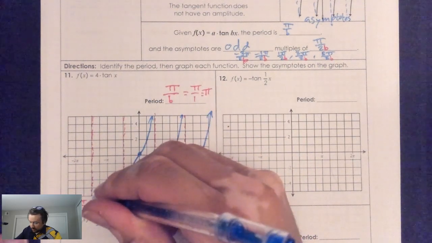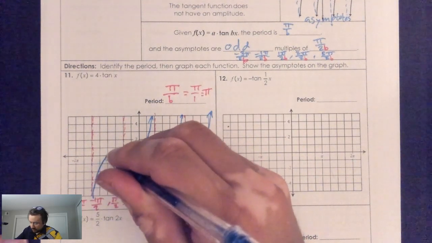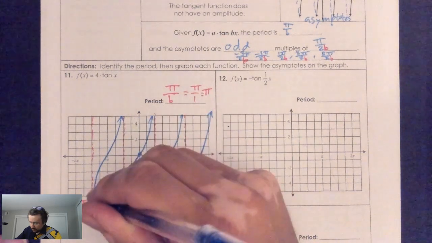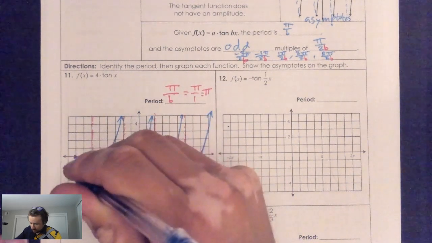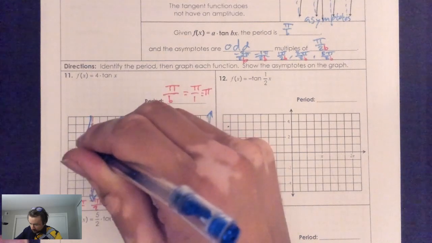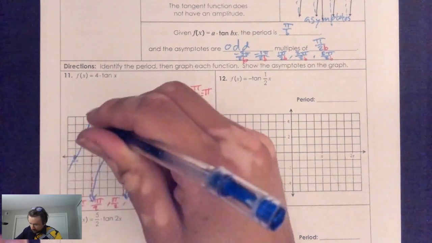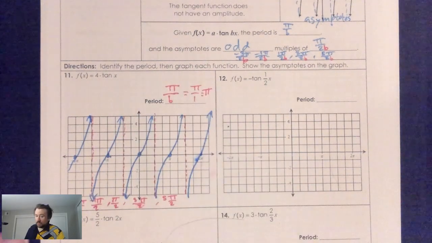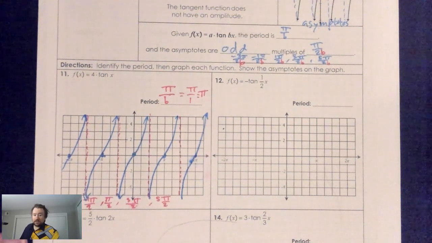And the same in the reverse direction, or in the negative direction. And that's our very first graph of a tangent.